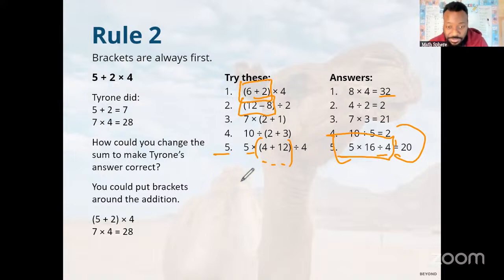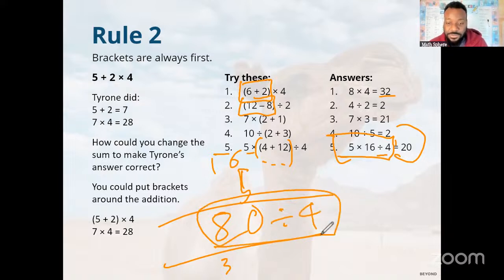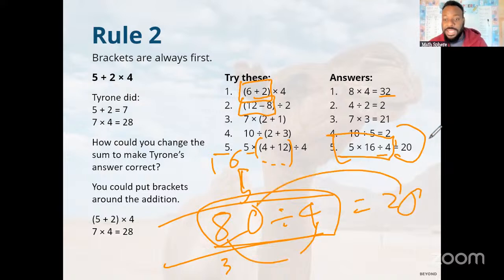So even if we do 16 times 5, 6 times 5, 30, carry the 3, 5 times 1, 5, 6, 7, 8. And then we're going to divide that by 4, 80 divided by 4. Well, look, 8 divided by 4 is 2, and then we have to carry the 0, 20.